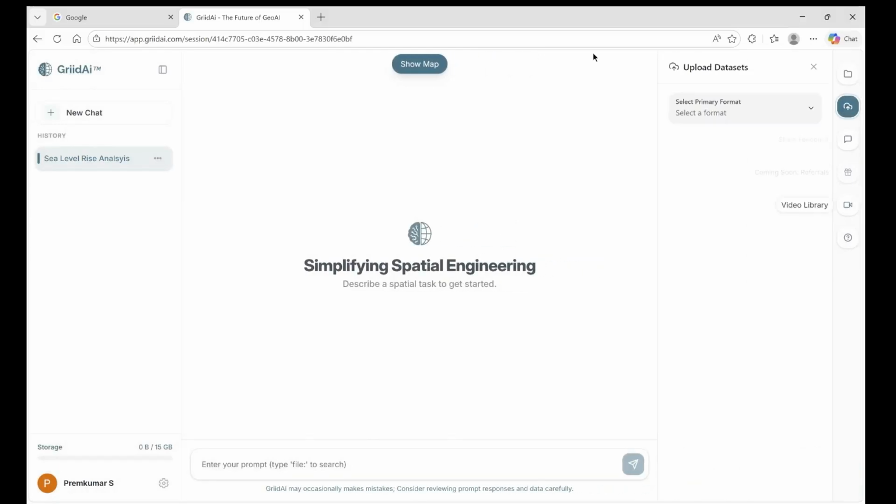Whatever the data sets that are required for sea level rise analysis, let us start uploading. All the data sets are only raster data sets that we are going to use today. So we are uploading the data sets.